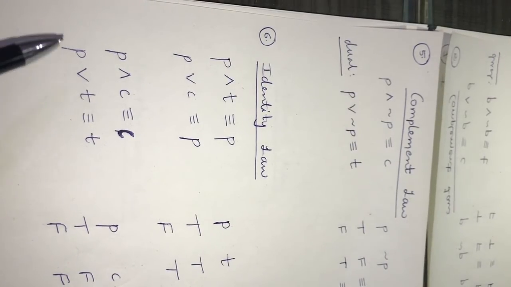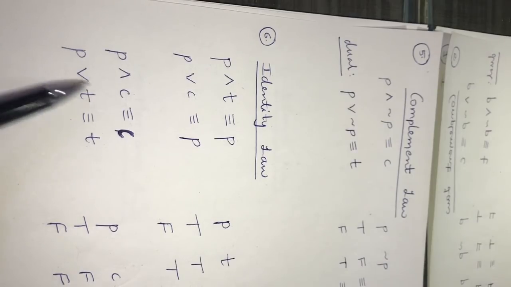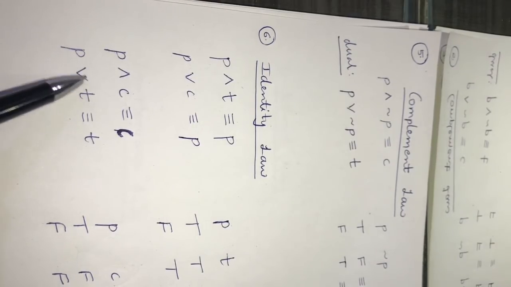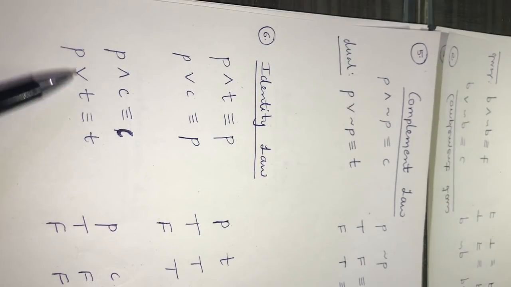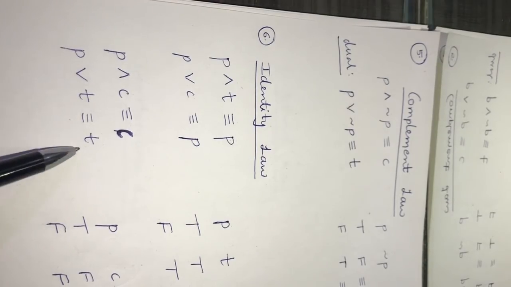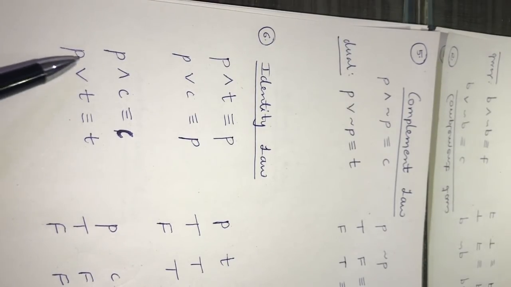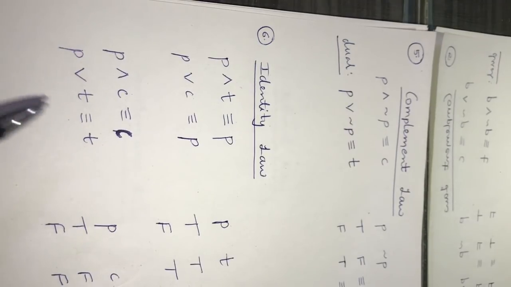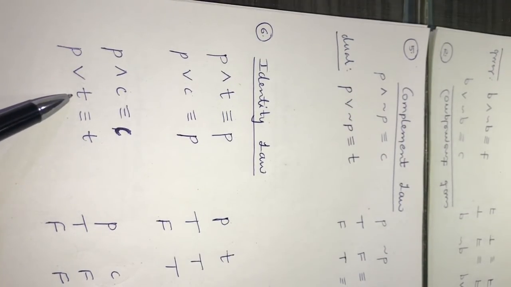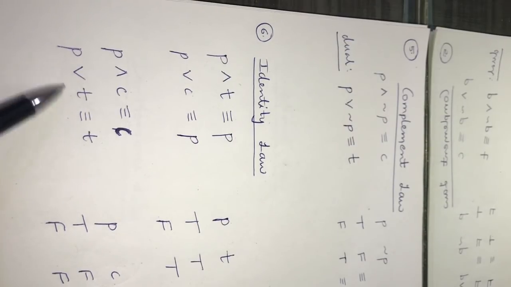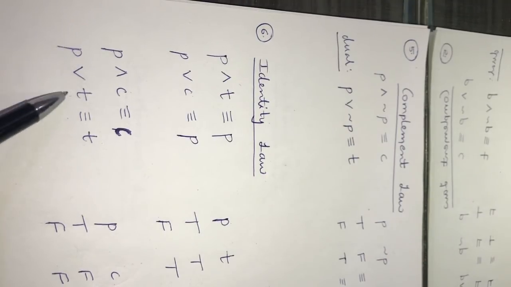If P is true, obviously in disjunction this is always true. Then independent of P, you can write the result as true always, because P doesn't matter anymore. T is tautology, which is always true. So if P is true, you get true or true, true. If P is false, you get false or true as true.